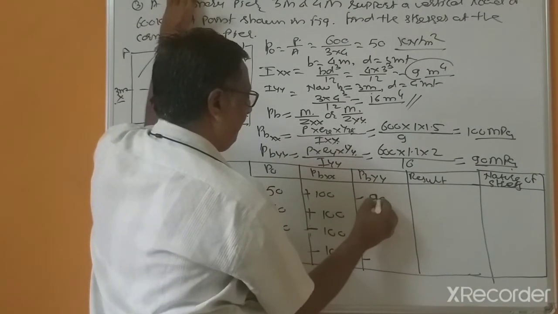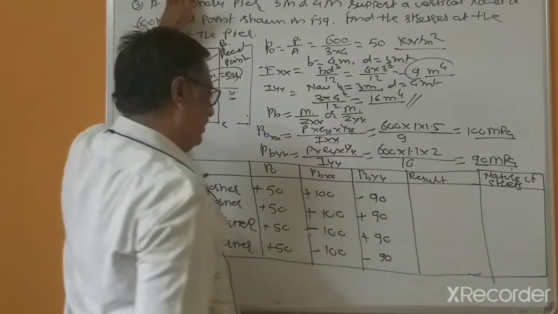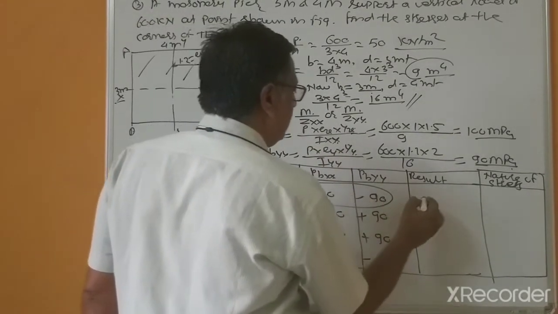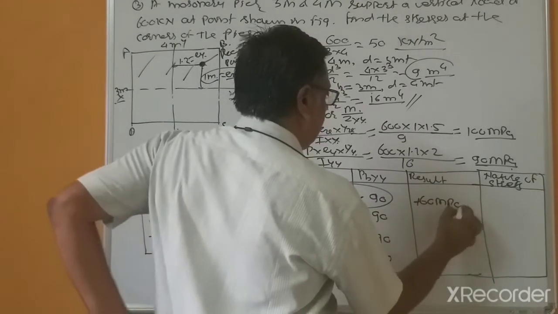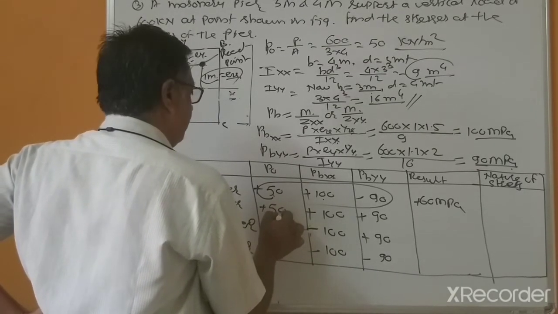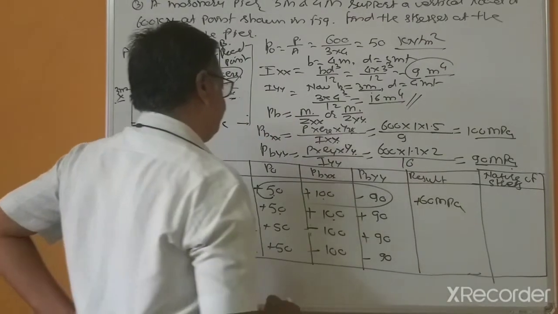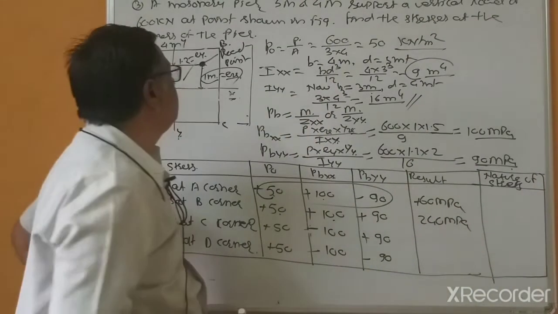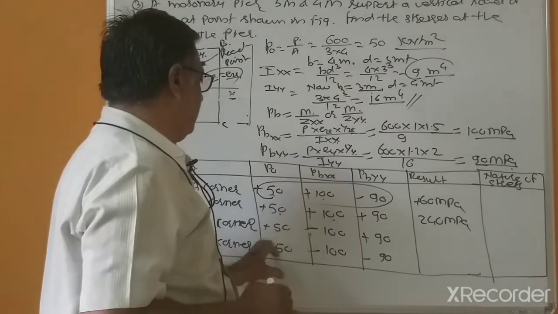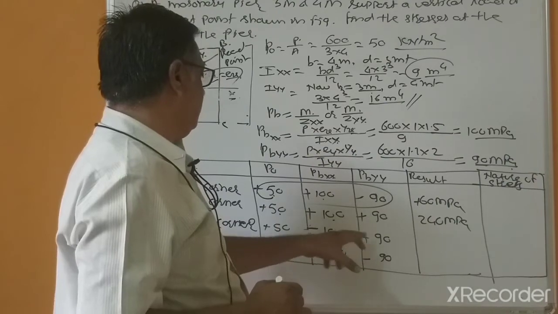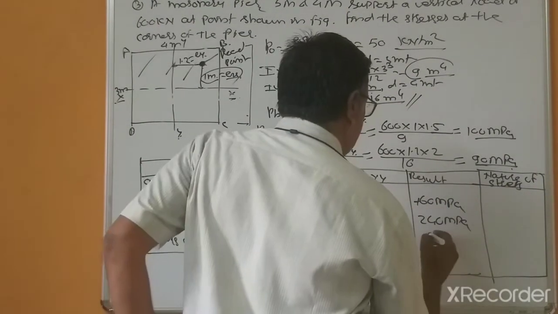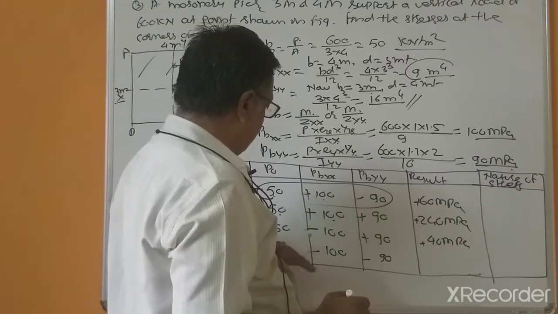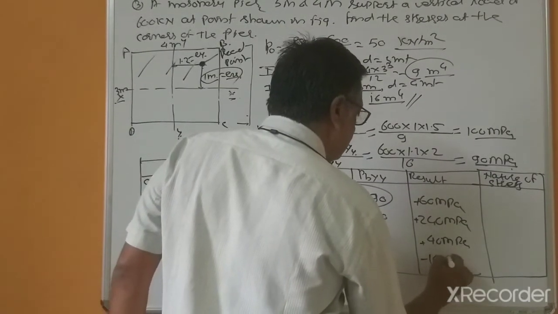And this is 90, 90, 90, 90. Now the resultant stress is the sum: 150 minus 90 plus 60 megapascals, then 50 plus 100 plus 90, 240 megapascals, which means the most stress is at B corner. 50 minus 100 minus 50 plus 40 is 40 megapascals, again positive, and 50 minus 100 minus 90 minus 50 is minus 140 megapascals.